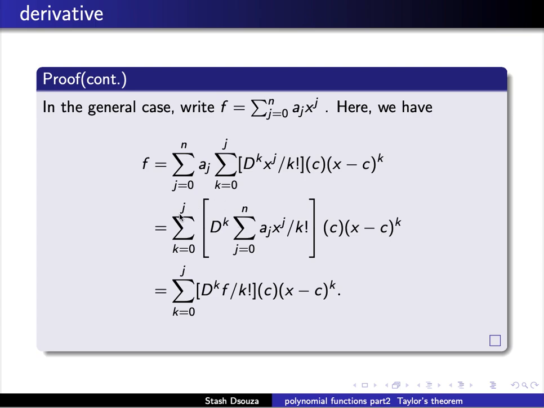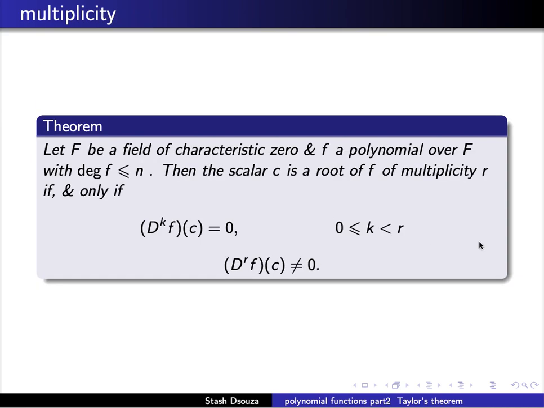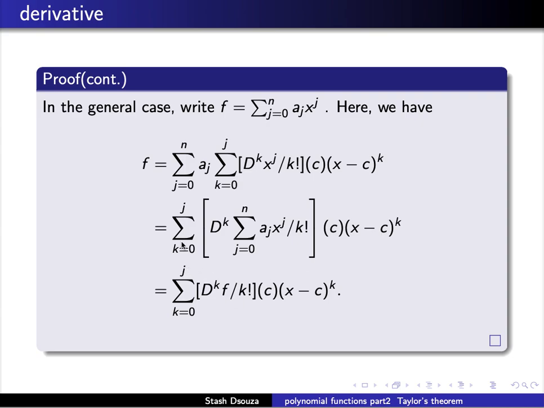This term now, once we have switched the sums, should in fact be n. It should not be j anymore. And then we at last arrive at the proof for our result. Once we bring the sum over j from 0 to n inside the k sum, the k sum now goes from 0 to n and not just from 0 to j.